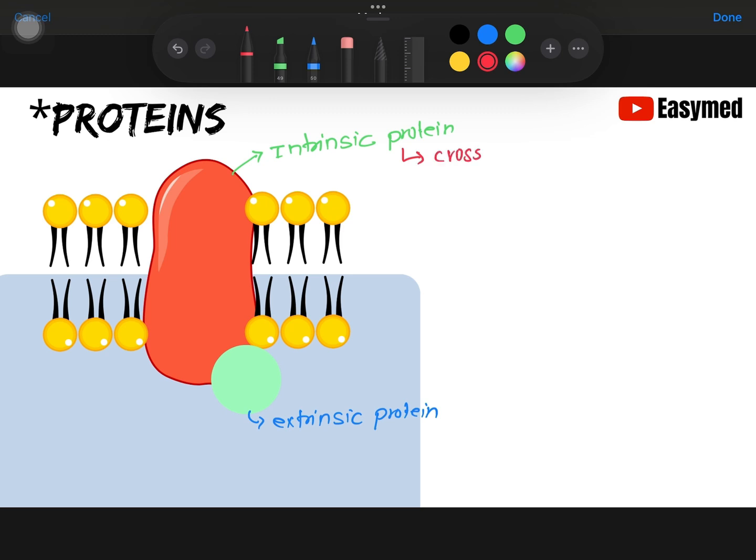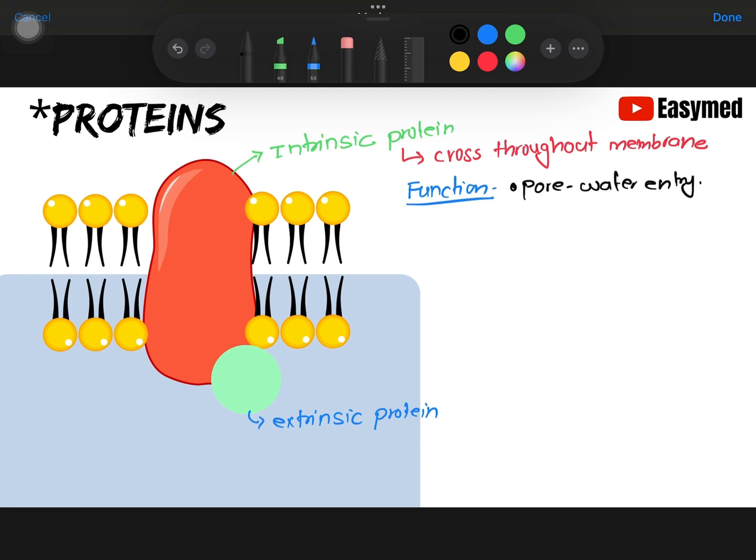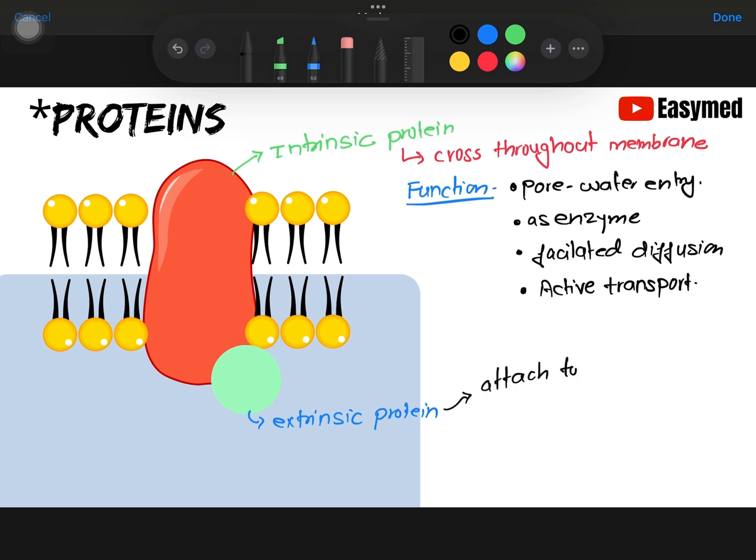Intrinsic protein crosses the cell membrane, or is present throughout the cell membrane, and its functions are that it acts as a pore for the entry of water into the cell, it acts as enzyme, it helps in facilitated diffusion, and it helps in active transport of substances. Whereas extrinsic protein just attaches to intrinsic protein, acts as enzyme, and controls the transport through intrinsic protein.